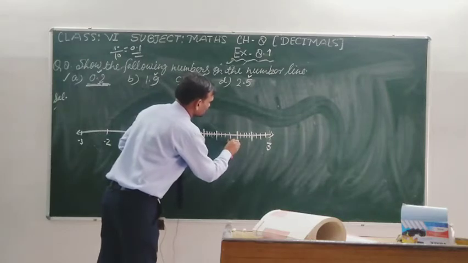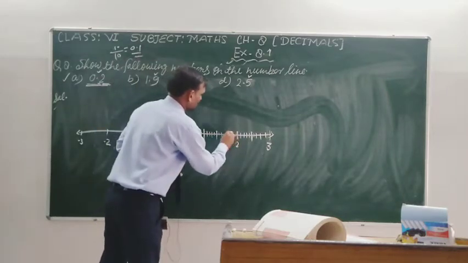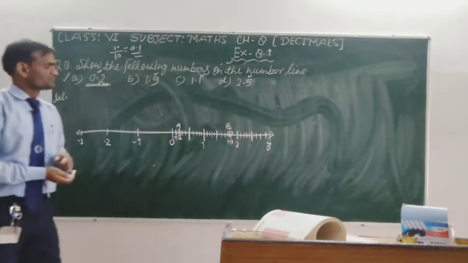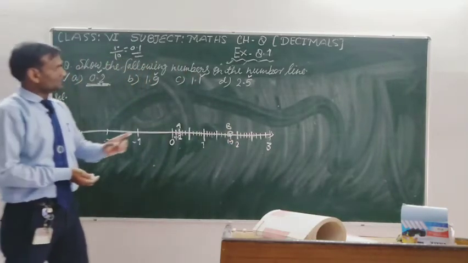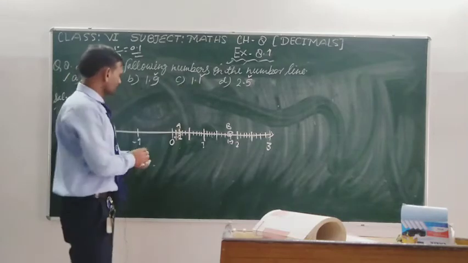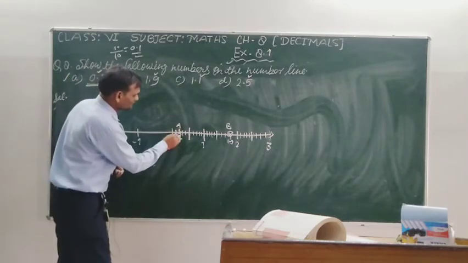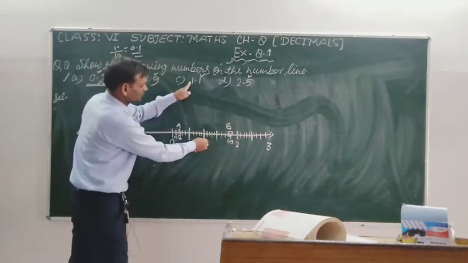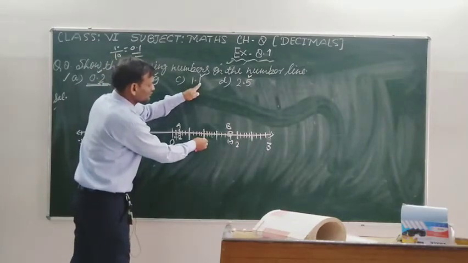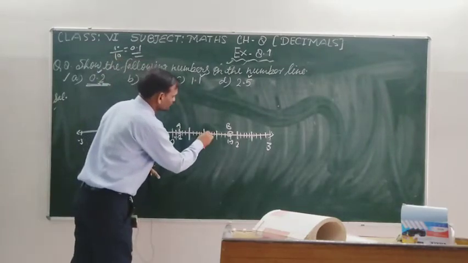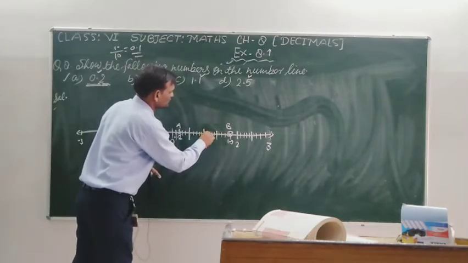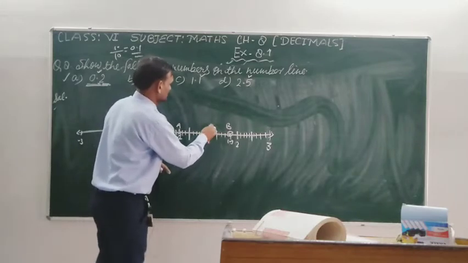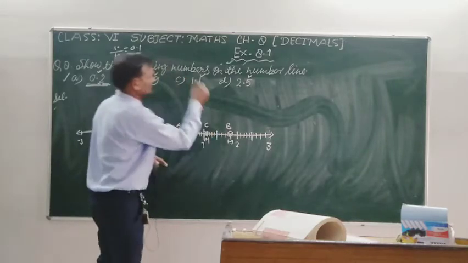This is 1.9, and the name of this point is B, suppose. Like this, this is 1 whole number and 1.1. This is 0.1, so this point belongs to 1.1. The name of this point is C.